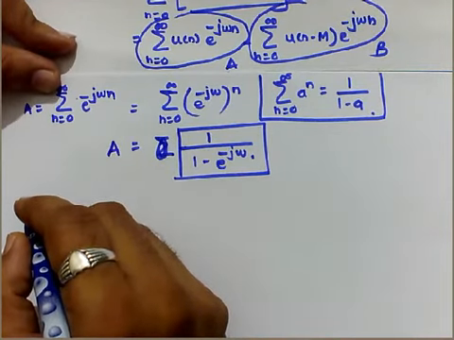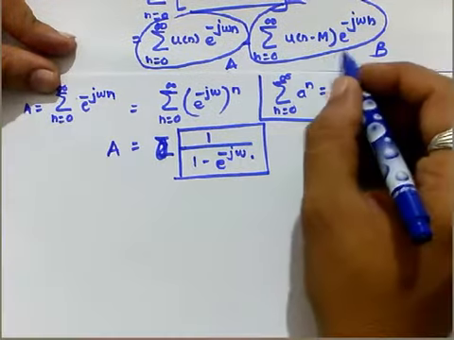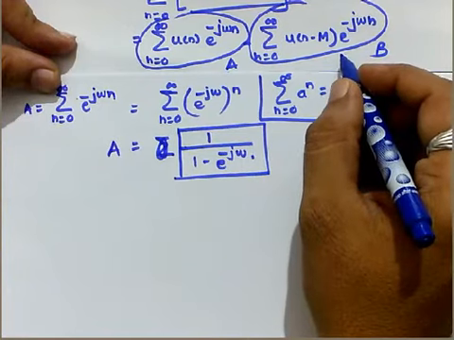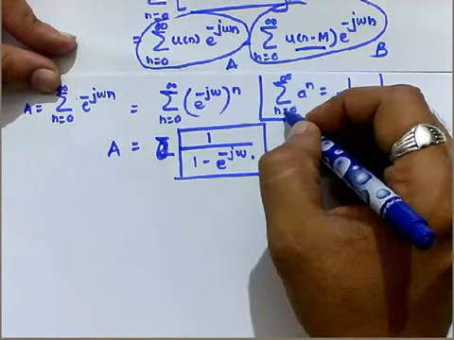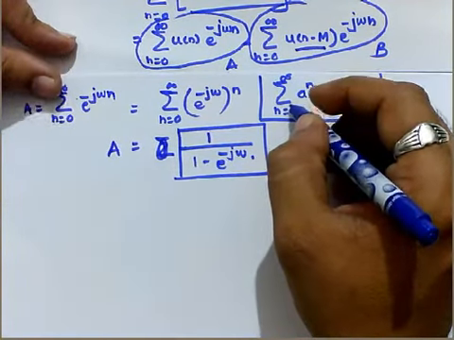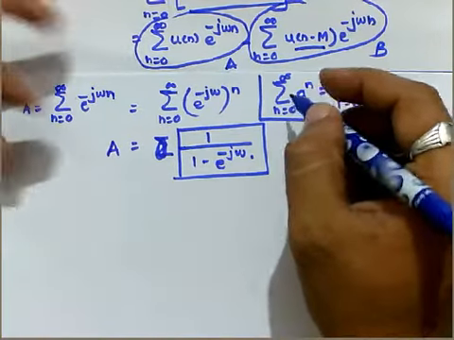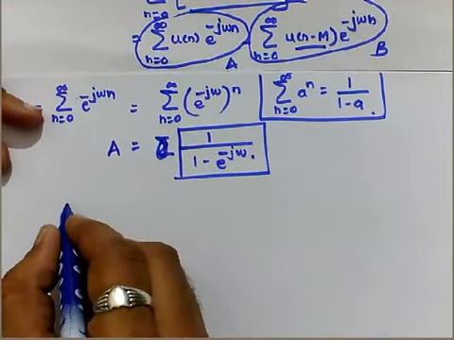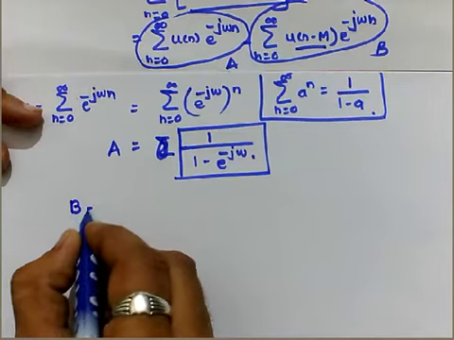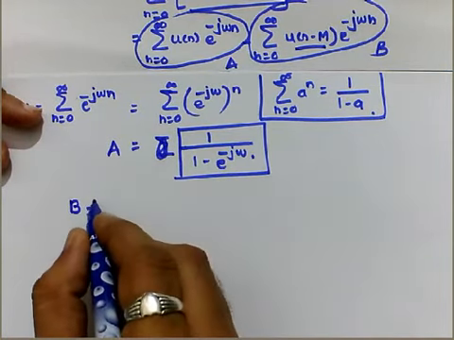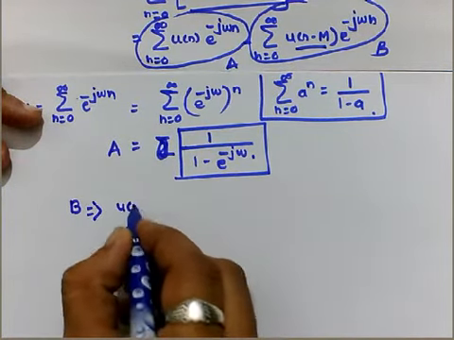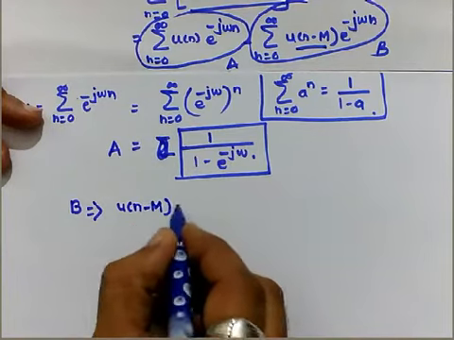Similarly, when we want to obtain the Fourier transform of u of n minus m, since it is the delayed sequence, for part B we first need to obtain the Fourier transform of this delayed sequence.